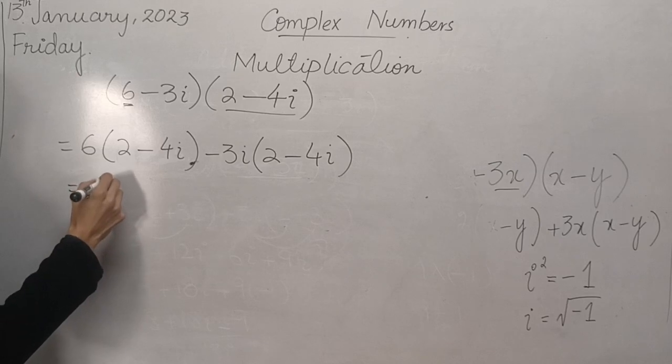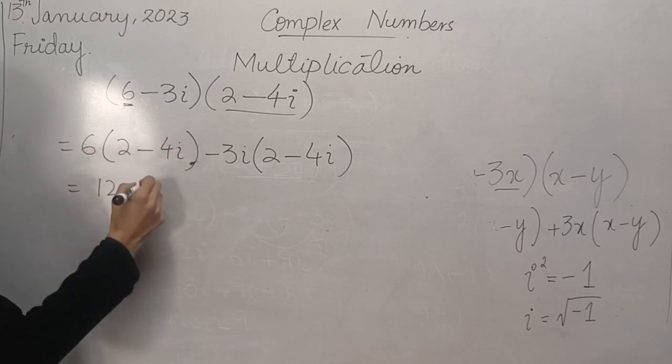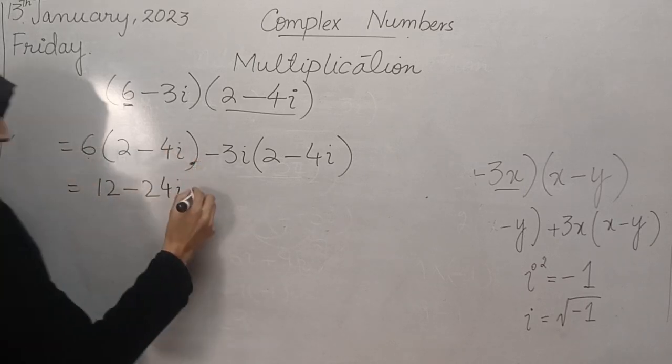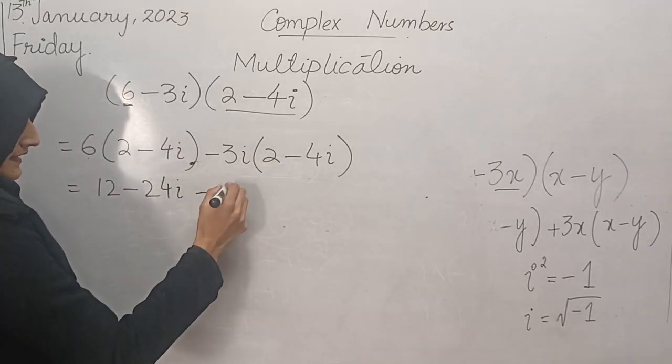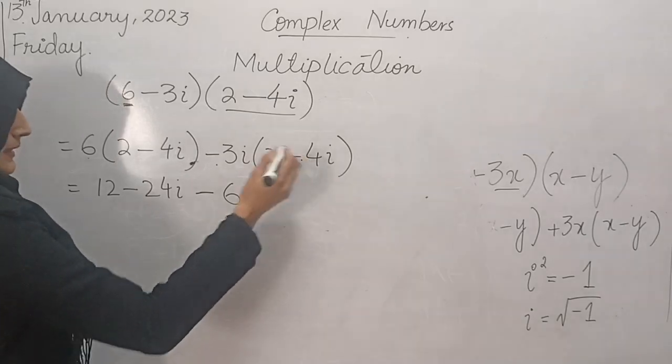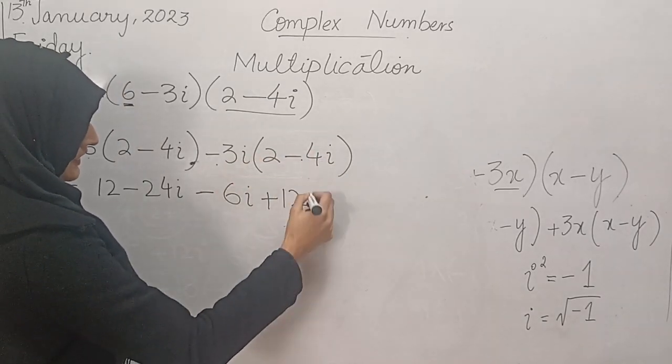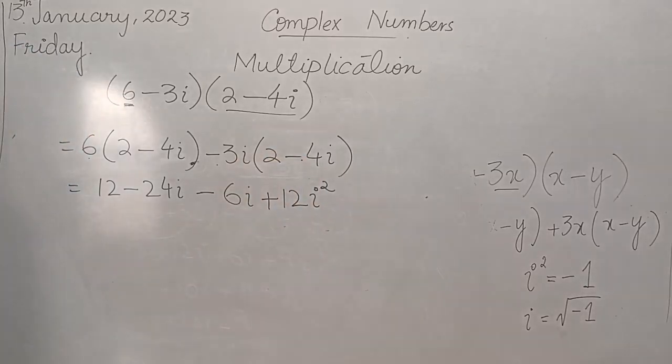6 times 2 is 12, minus 6 times 4 is 24 iota, minus 3 iota times 2 is 6 iota, minus minus plus 3 iota times 4 iota is 12 iota square. Is there any problem in this step?